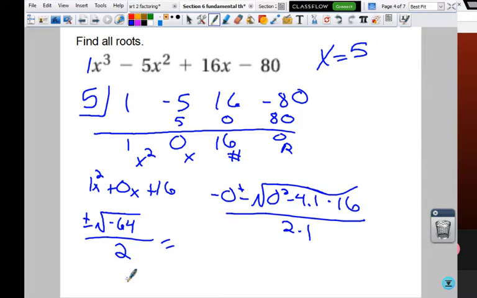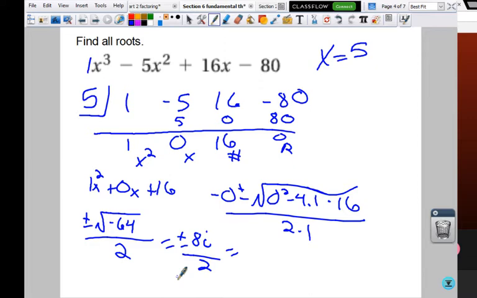What am I going to do with the square root of a negative? It's imaginary, right? What's the square root of 64? 8. I'm going to go plus minus 8i, because the square root of 64 is 8, and the whole thing is divided by 2. On this one, when I do not have any pluses or minuses with imaginaries, I can just divide it. What's 8 over 2? 4.